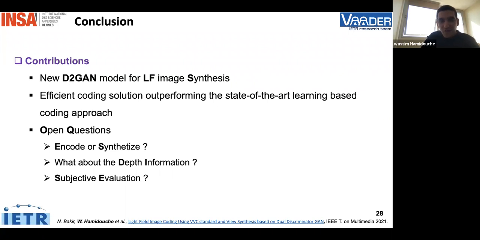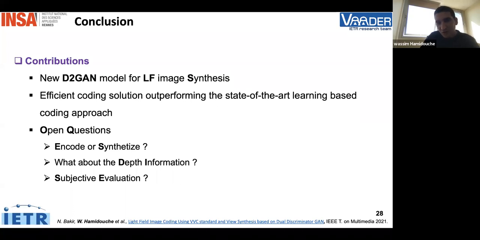And here we focus more on efficient coding of the views. As you may see here, I don't talk about the depth information in the light field images, which is also important. But we believe if we are able to decode views at a high quality, we can then estimate the depth at high quality to target some application where we need the depth information.